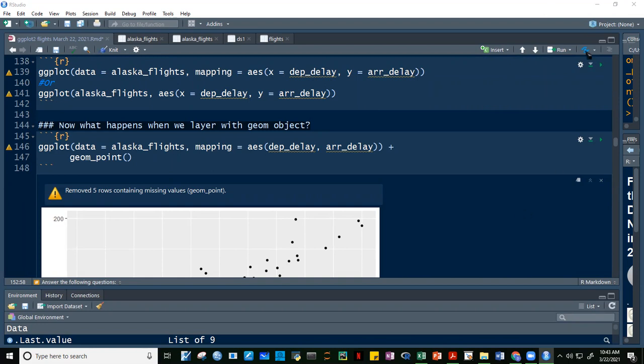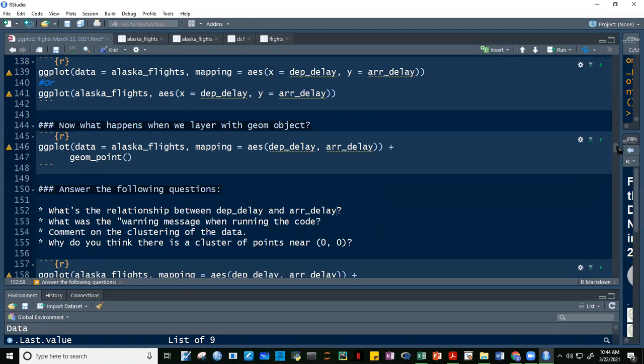Kasi hindi niya pwedeng i-plot yan kung may mga missing values siya. That's correct, guys. Automatic ni R, remove yung mga missing values. So this is informing us that there are missing values as far as departure delay and arrival delay is concerned. And automatically, R removes that in its plot.